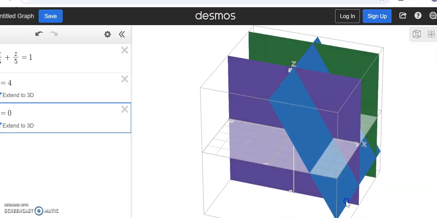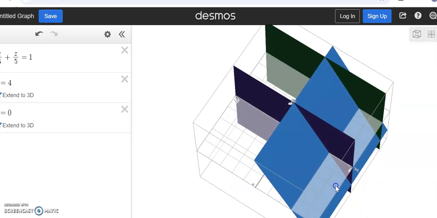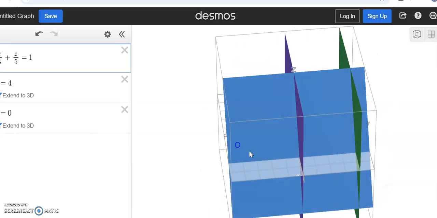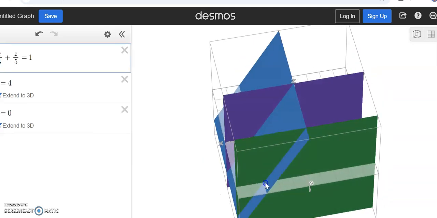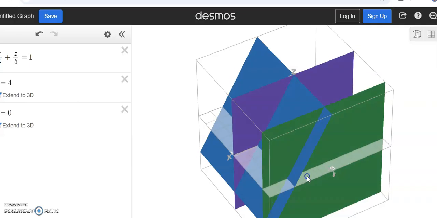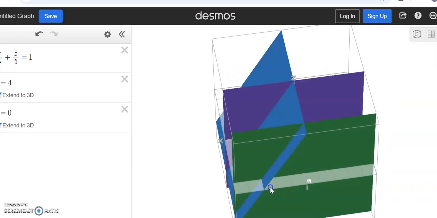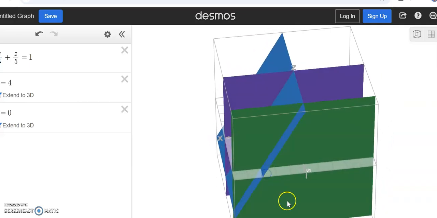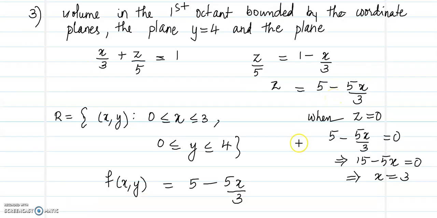When that intersects the xy plane, it will form a rectangular region which is bounded by y equal to 0, y equal to 4, x equal to 0, and x equal to 3.